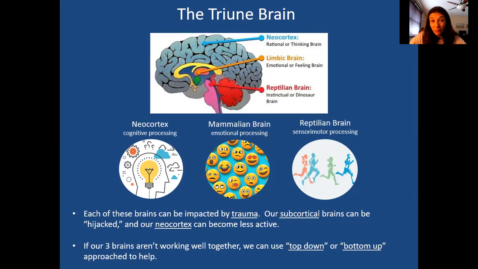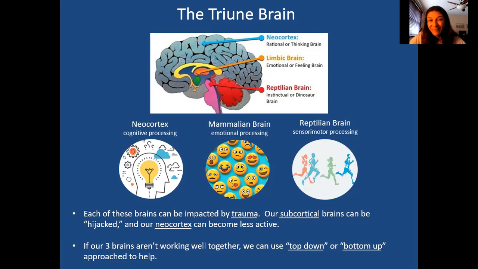So, for example, I might easily get triggered by things, and my subcortical brains, meaning my mammalian brain and reptilian brain, might get overly activated, right? So I'm triggered by something, I might get into survival mode, my emotions might get really intense, right? So that might be part of my experience.